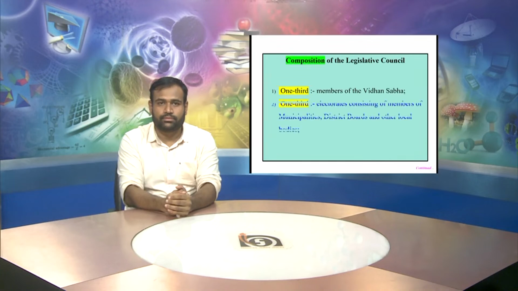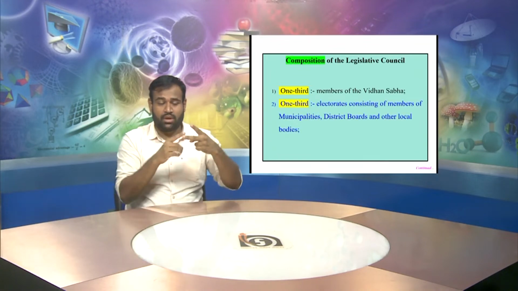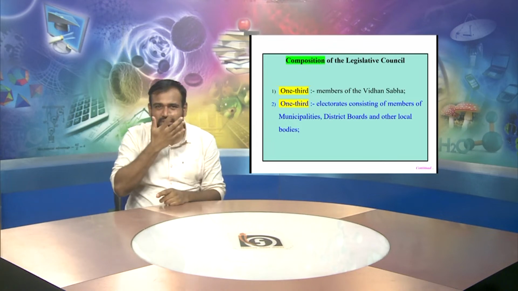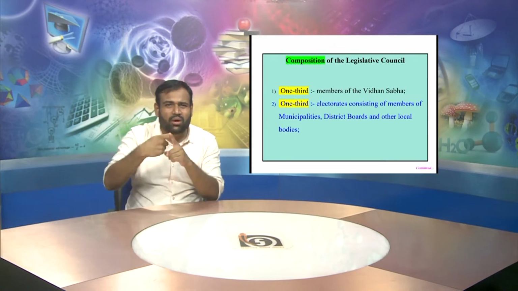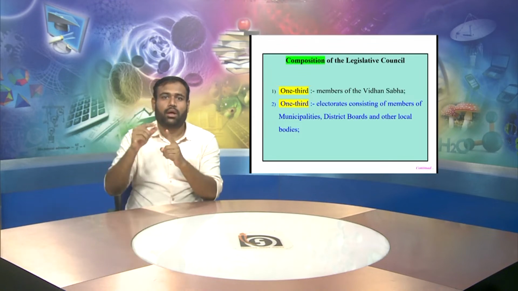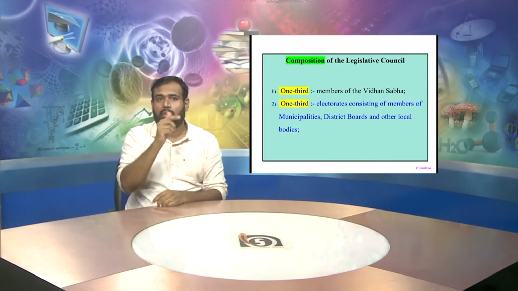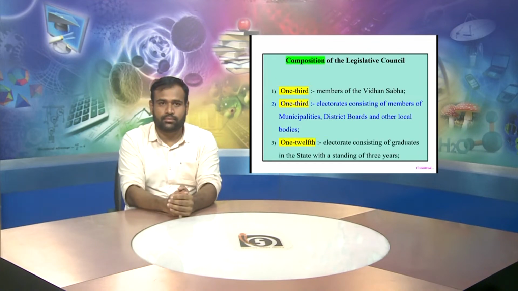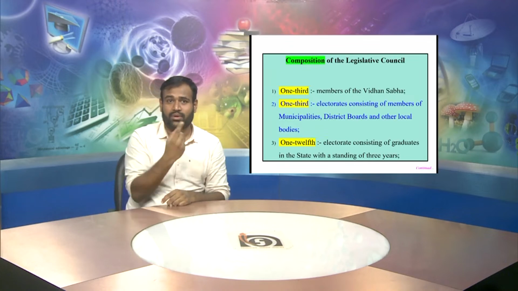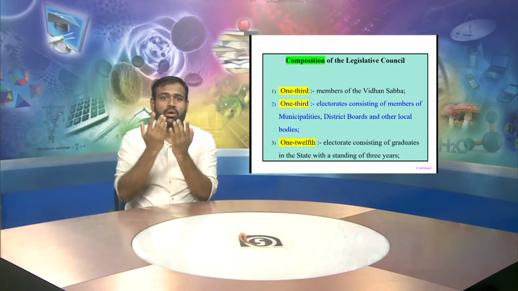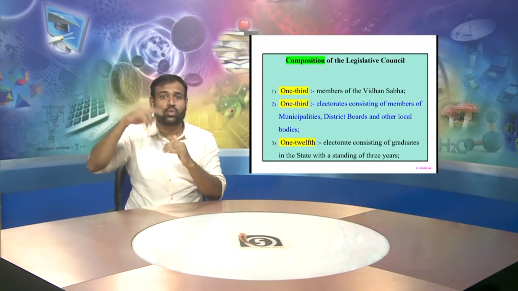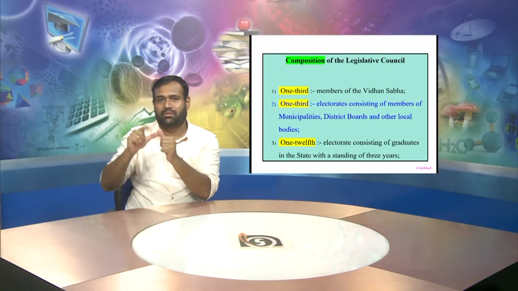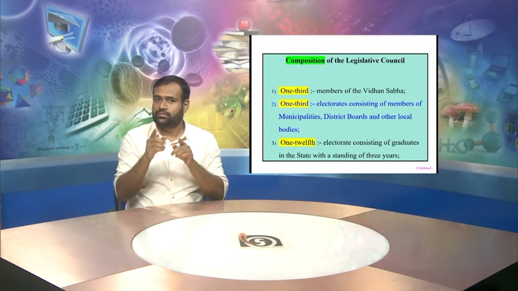And also 1/3 should be the electorate consisting of members of municipalities, district boards, and other local bodies. And the next composition is 1/12, an electorate consisting of graduates in the state with a standing of 3 years.